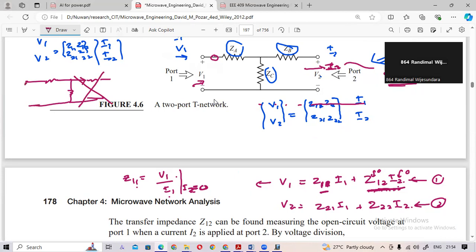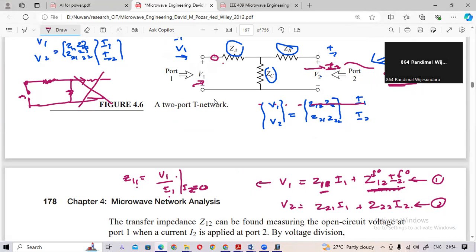So if you consider this part of the circuit, you don't need to give voltage and measure current. Directly you can tell the resistance in this circuit. What is that? Yeah, that is ZA plus ZT.